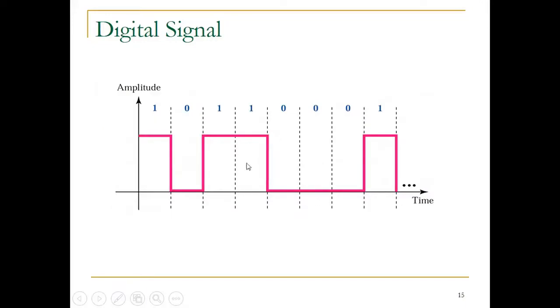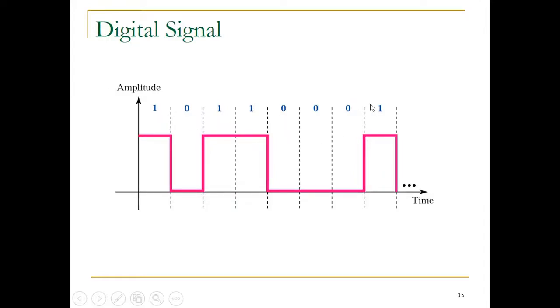So here you have a typical digital signal. Here you have your positive voltage for ones and your zero voltage for zeros, and that just cuts across. So you have highs for the ones, lows for the zeros, highs for the ones, for this 8-bit sequence: 1, 2, 3, 4, 5, 6, 7, 8.